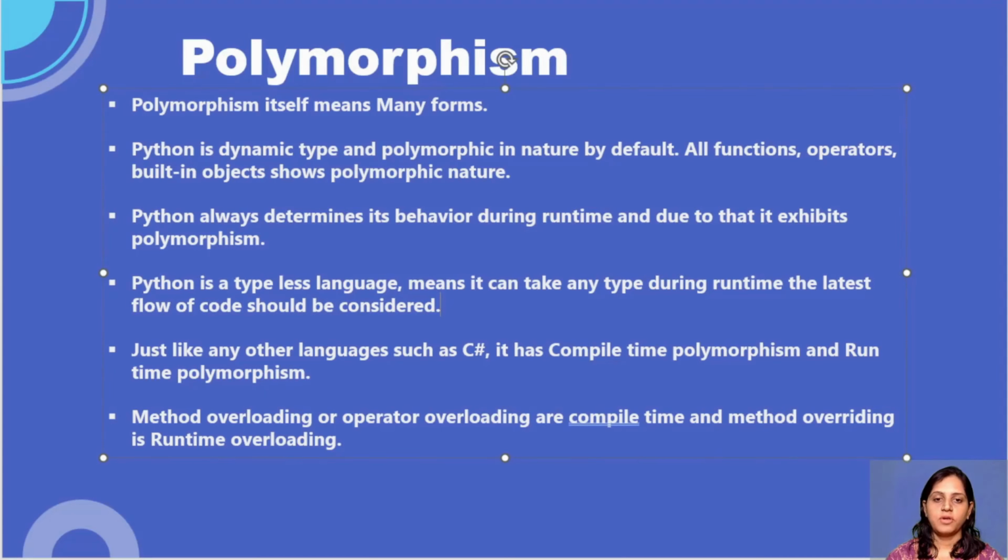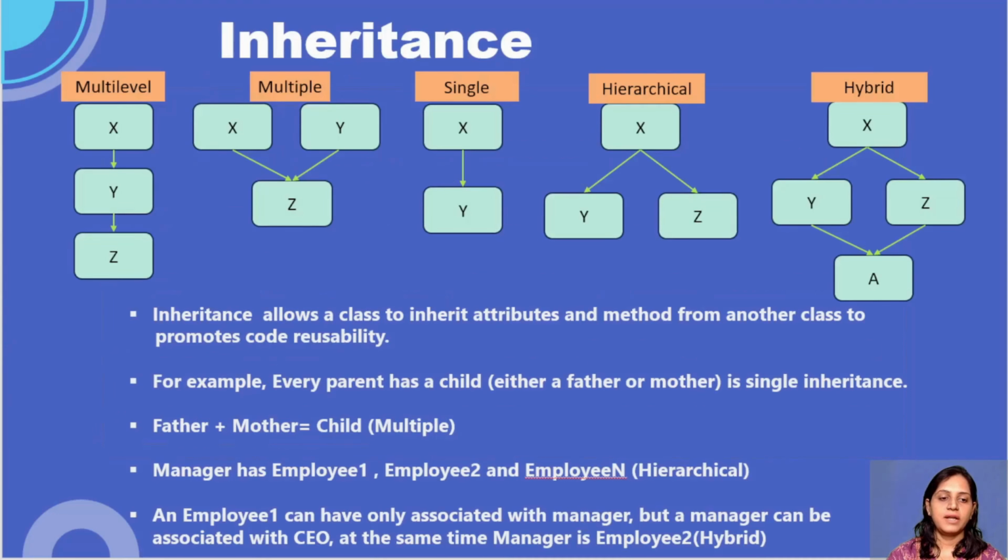We have understood polymorphism. Again, guys, method overloading is called compile time polymorphism. Method overriding is called runtime polymorphism. Now we are left with inheritance.